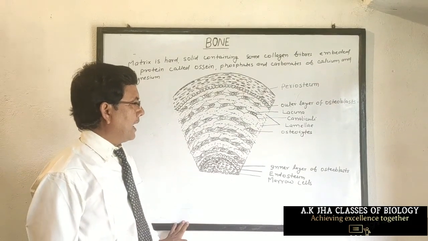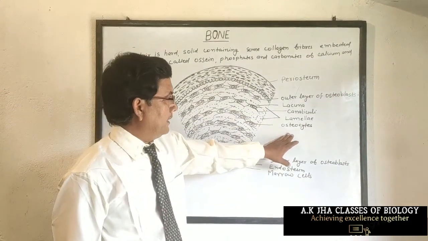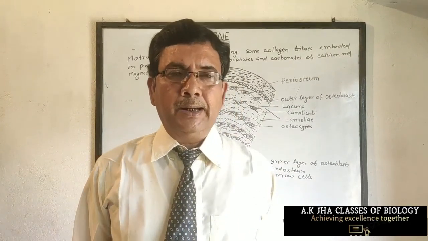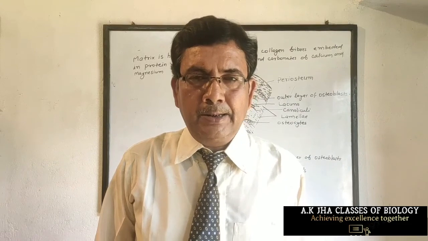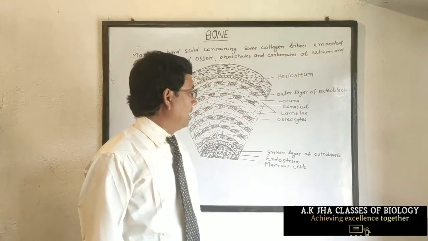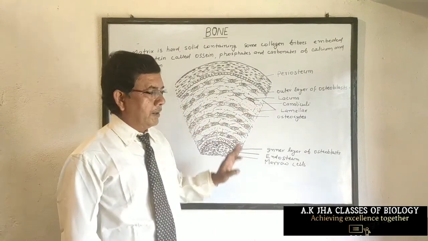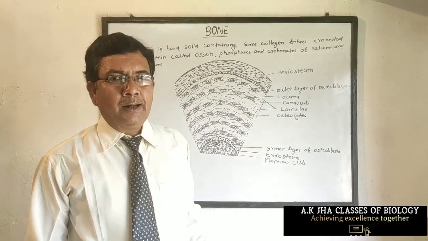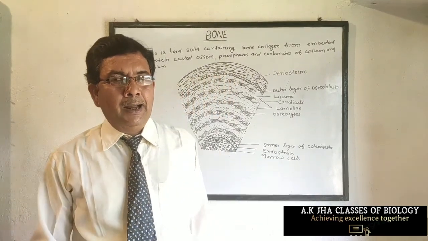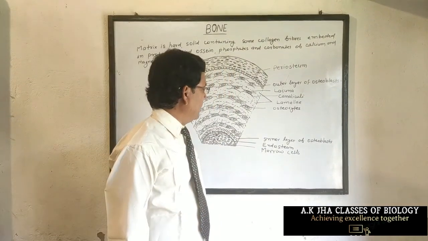The bone cells are osteocytes. The osteocytes, that is the bone cells, are present in fluid-filled spaces called lacunae, and various canals arise from the lacunae. These are called canaliculi. The canaliculi of different lacunae are attached with each other.